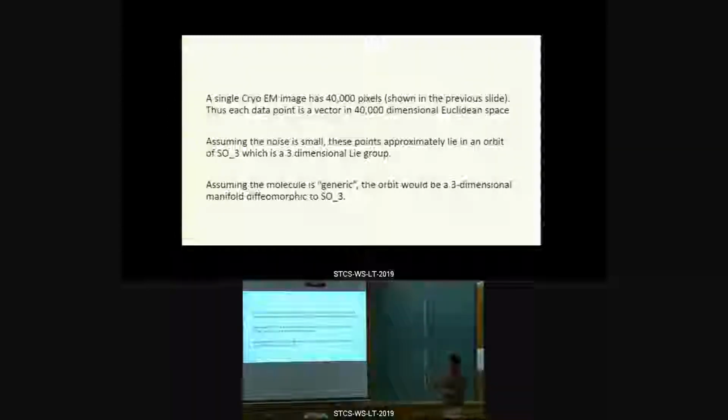But viewing them as functions, these are functions in, let's say, L2 of the ball. So there is also an action of SO3, the rotation group, on these functions. That is the thing that one needs to understand if one wants to reconstruct the three-dimensional structure of a molecule from these shadows.